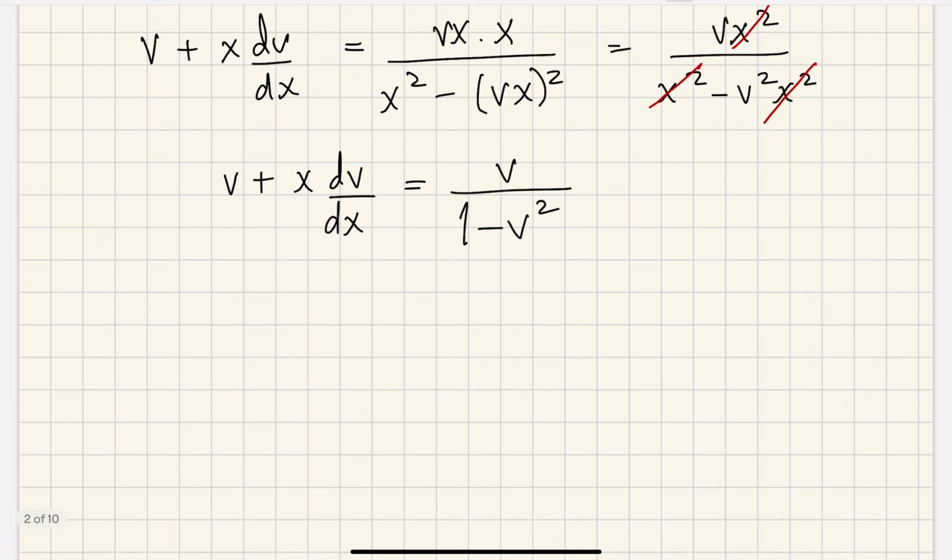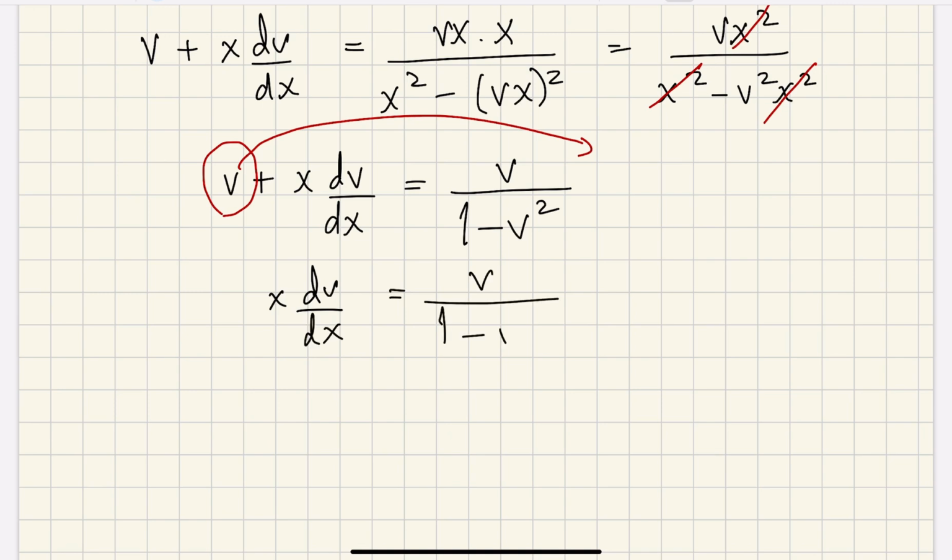Now I'm going to move this v here. Then I have x dv over dx is equal to v divided by 1 minus v squared minus v. To simplify this, I'm going to divide this by 1 minus v squared and multiply by 1 minus v squared.